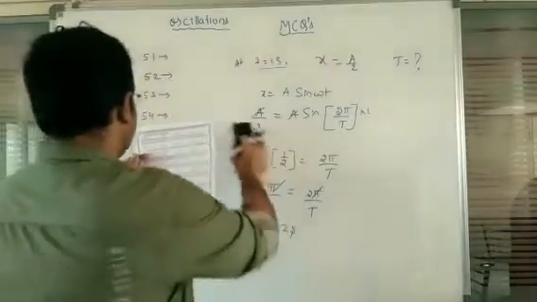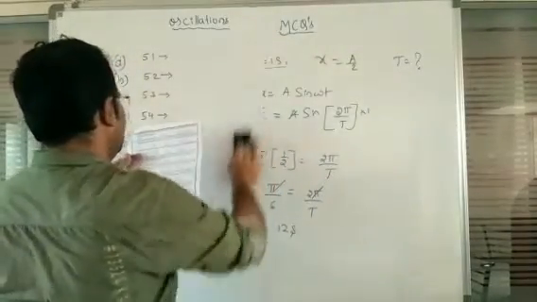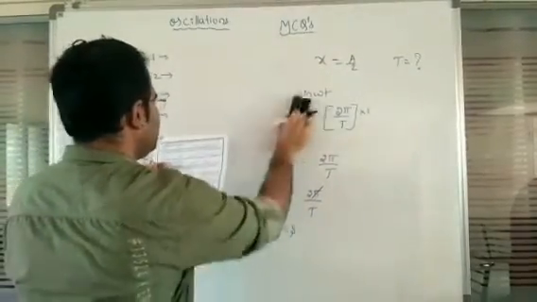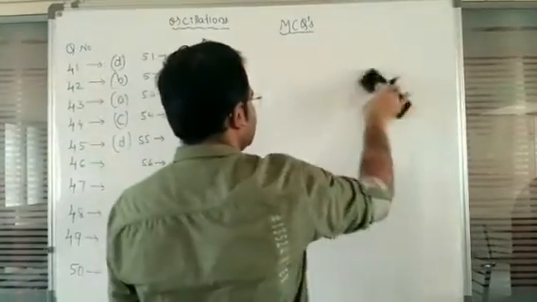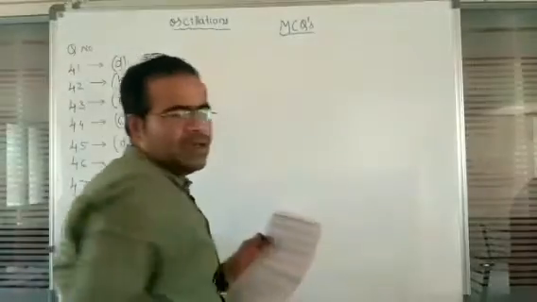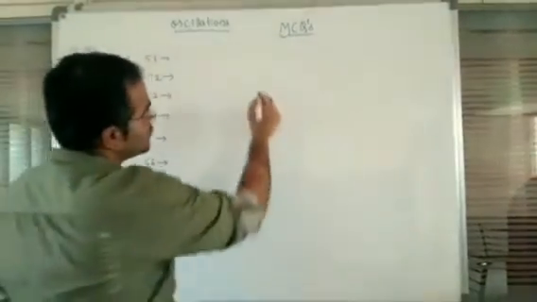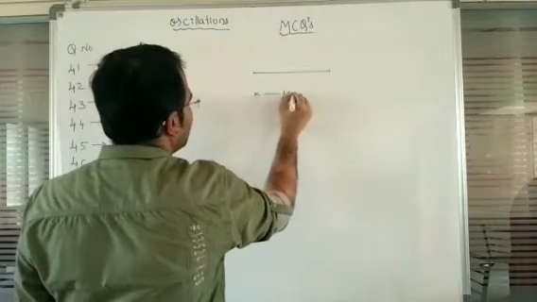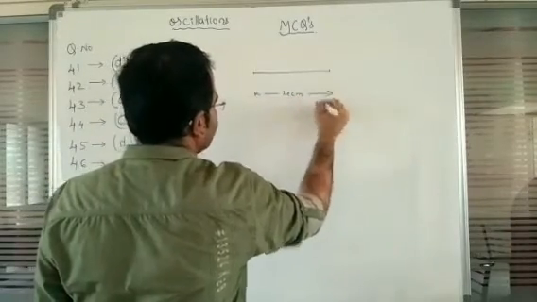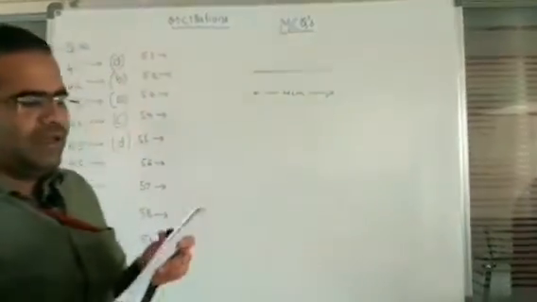Next, question number 46. A particle makes simple harmonic motion in a straight line 4 centimeter long. Let us assume you are going to observe a straight line making 4 centimeter like this.